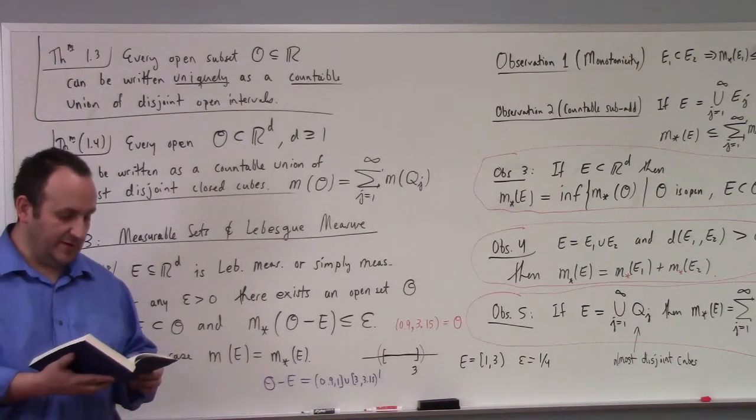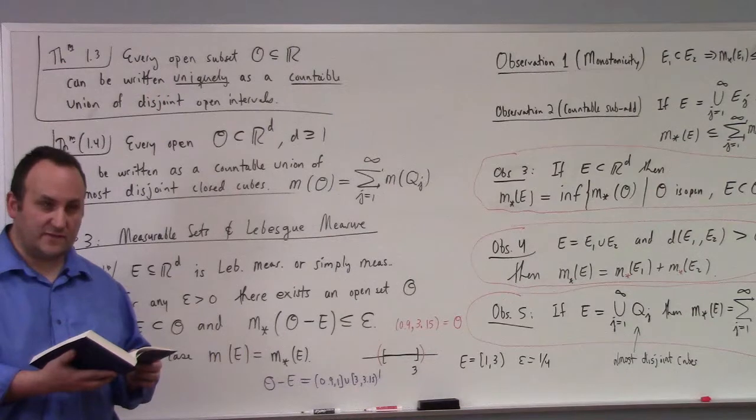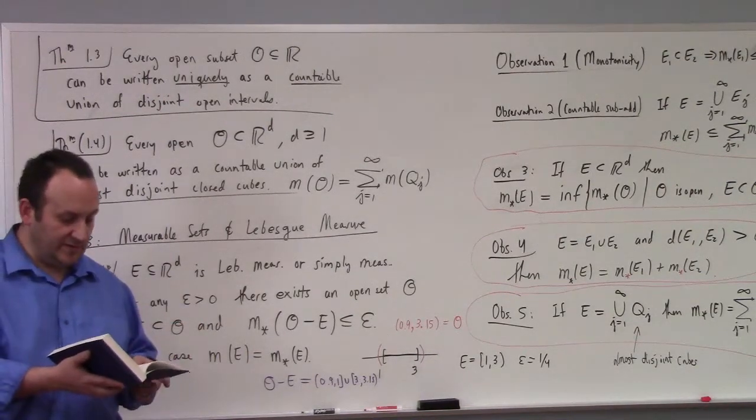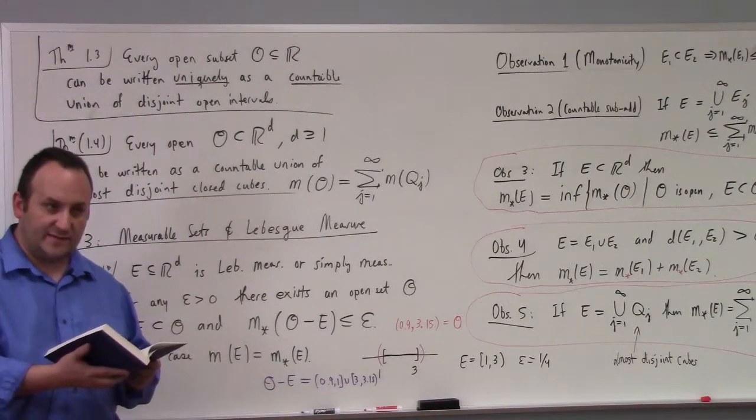Lemma 3.1: if F is closed and K is compact and these sets are disjoint, then the distance from F to K is greater than 0. He uses that lemma to prove property 5, which is that the complement of a measurable set is measurable.